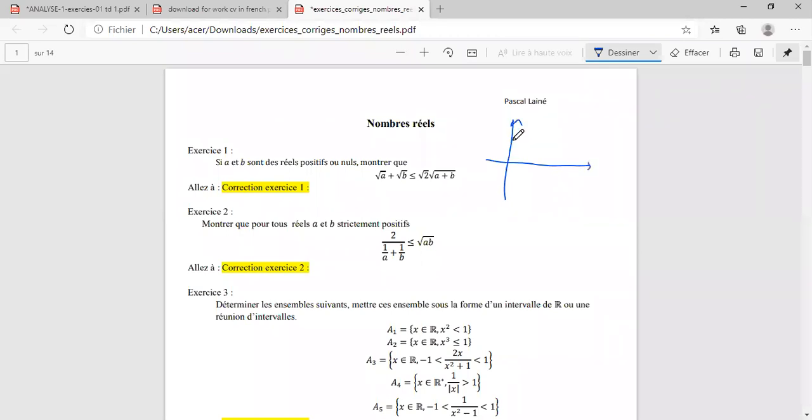For example, if I get this part here, all the points in this part are positive numbers, and the ones down here are negative. That's the y-axis going that side.